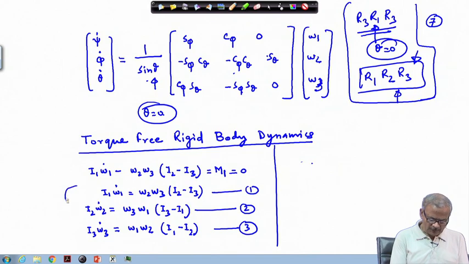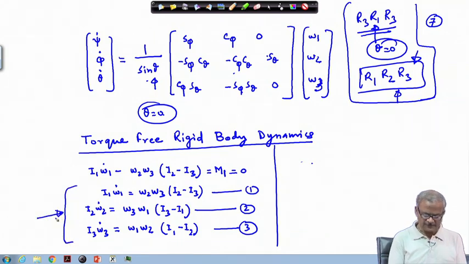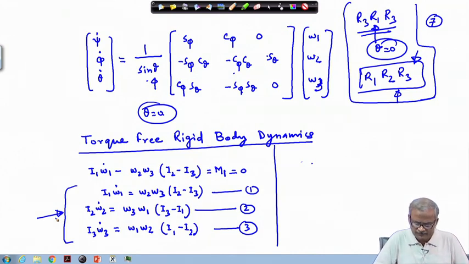Now, this kind of torque free rotation you get in the case of a satellite. Not always, but in certain cases, as we will see, the gravity gradient will be discussed later in the lecture, so those are also present. If you are considering the case of a top or a gyroscope, like when you are playing with a top, it is not torque free motion, the gravity torque is acting on that.